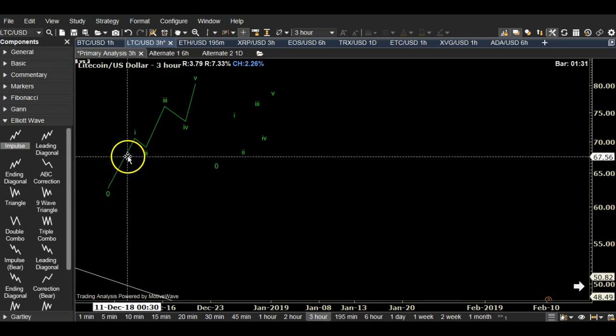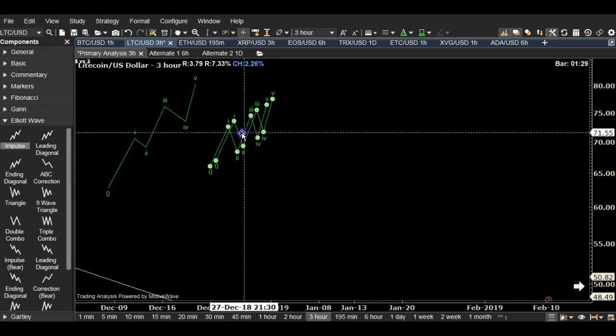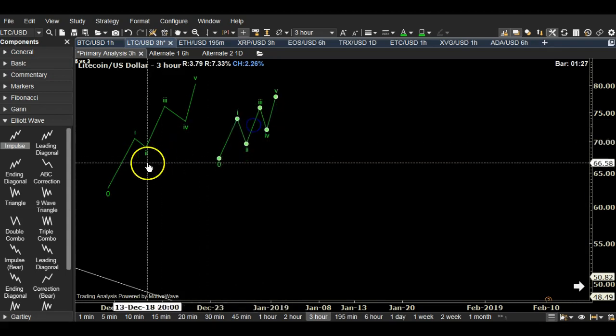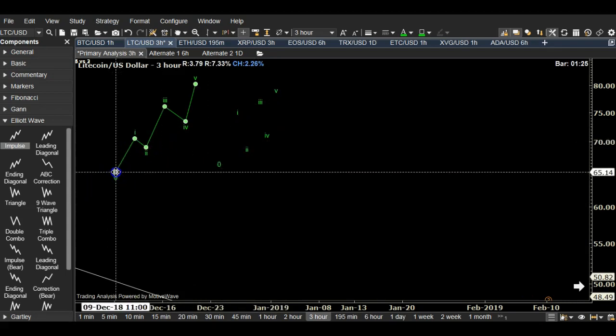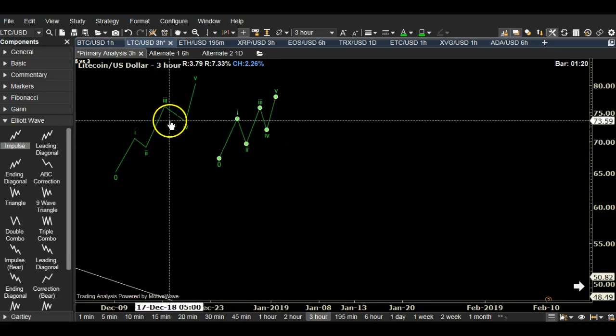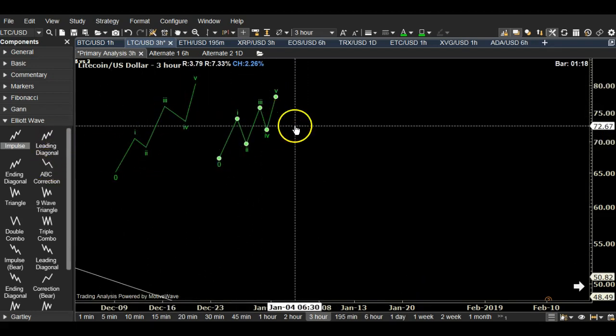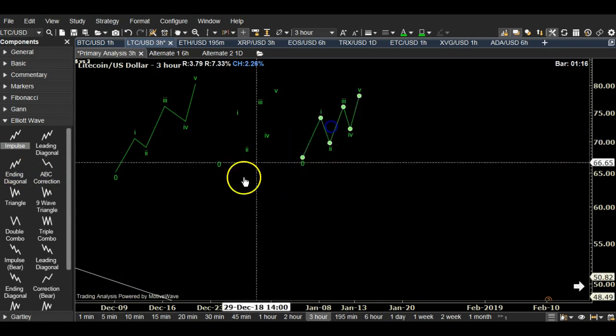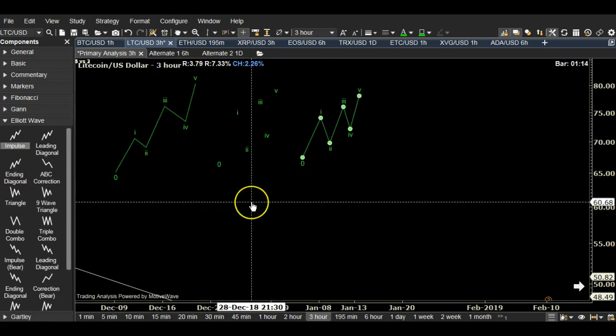So this can be a 1, 2, 3, 4, 5. You take the structure and you move it in here, and that would be a leading diagonal in wave 1. You don't have a leading diagonal in wave 5, or in wave 3, but what you can have is an ending diagonal, which is usually in wave 5.